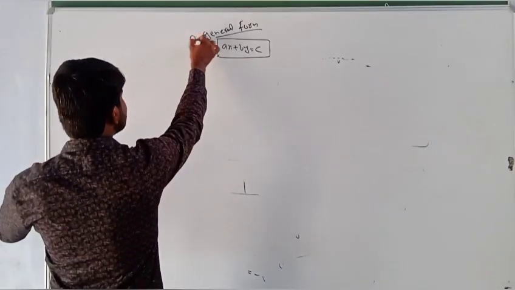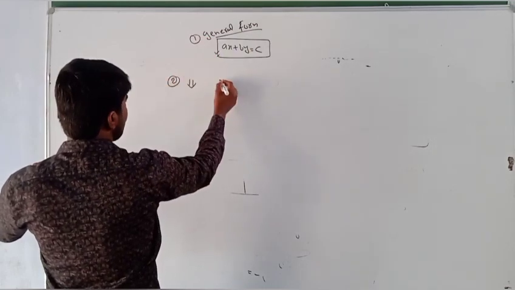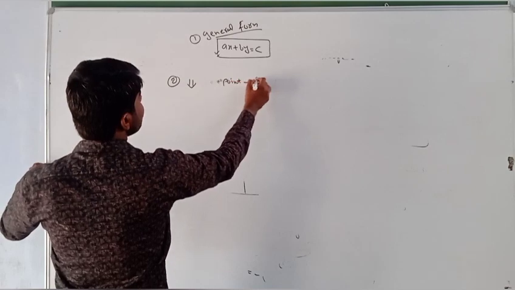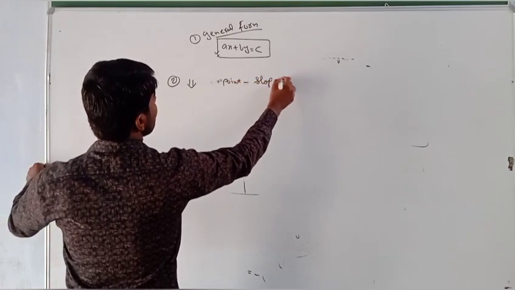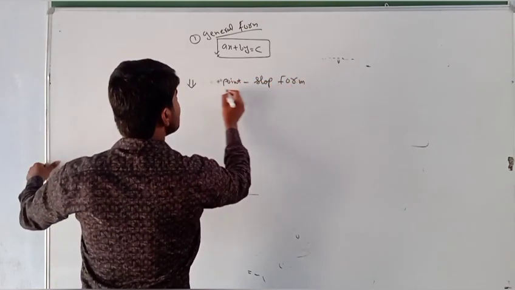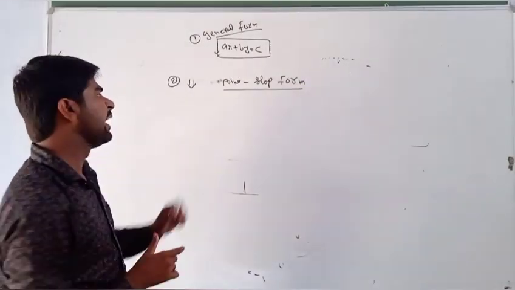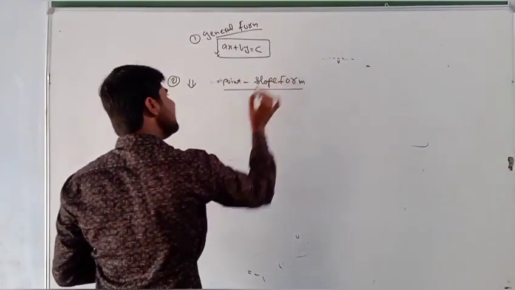Now the second thing is point slope form. Point slope form means a point is given to you, and the slope of the line, directly or indirectly.